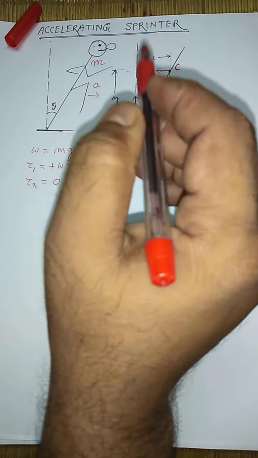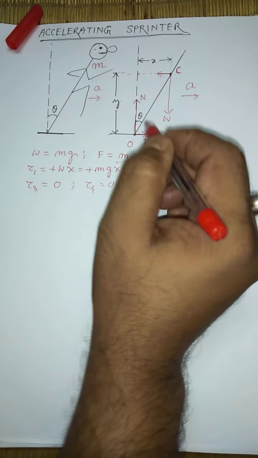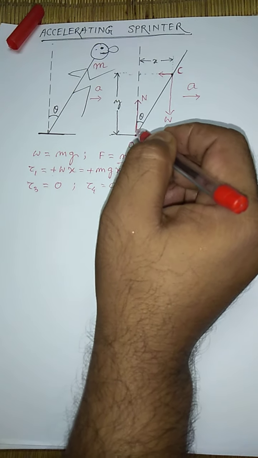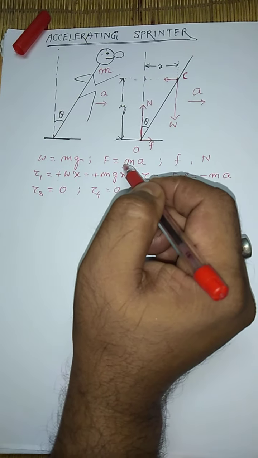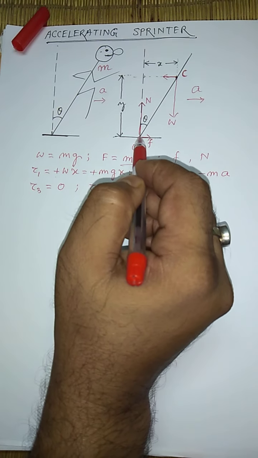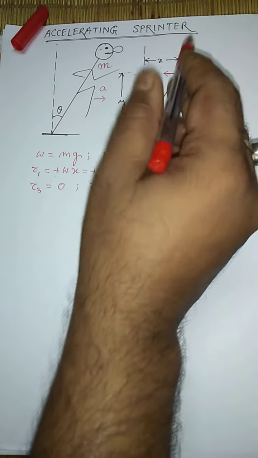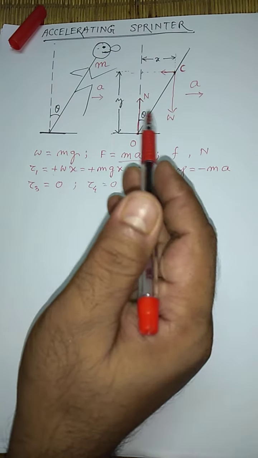All the moments of the forces exerted on the sprinter are at equilibrium, since the sprinter rotates in neither direction.